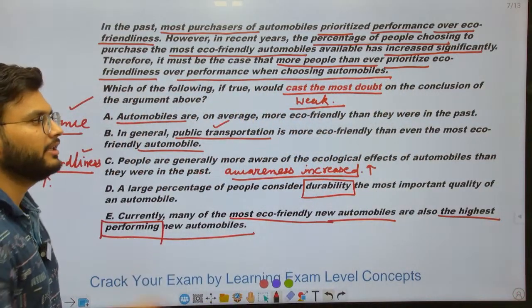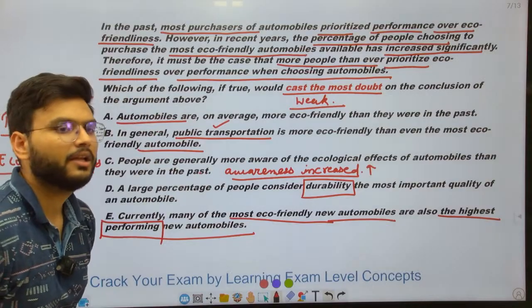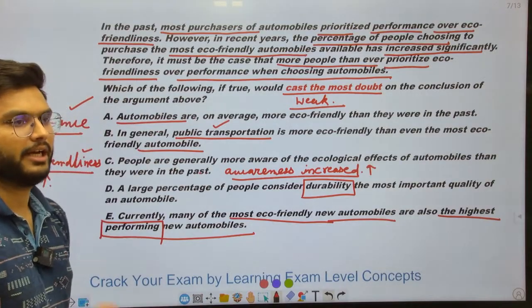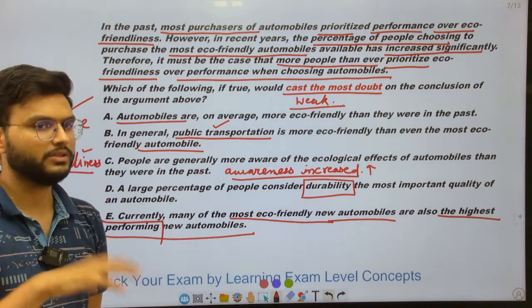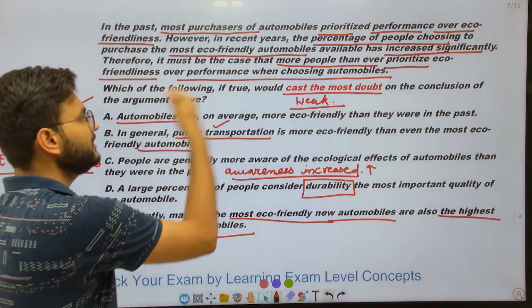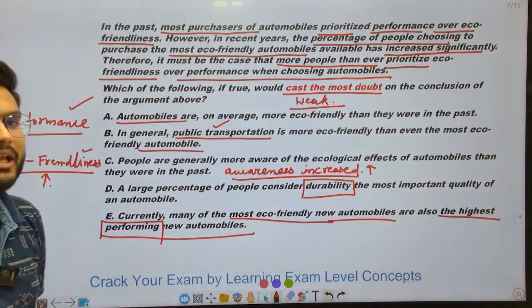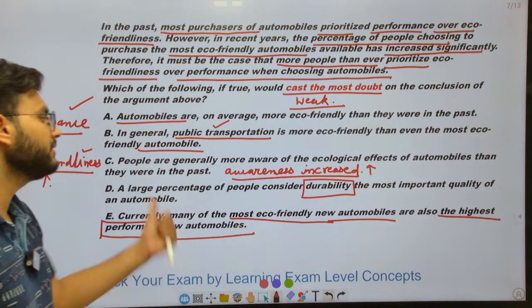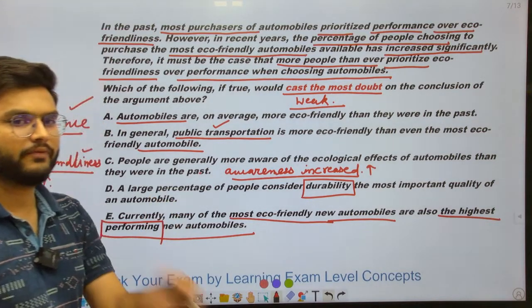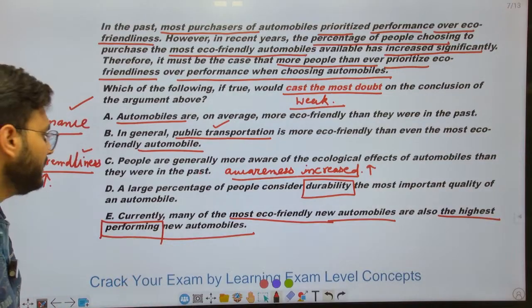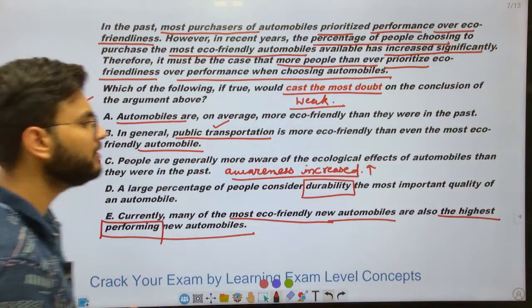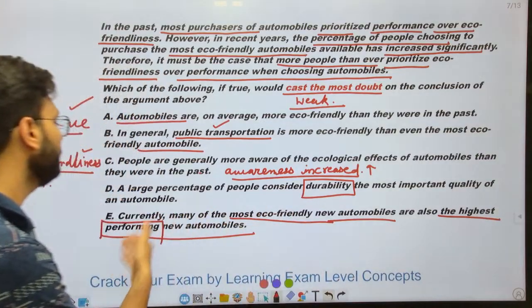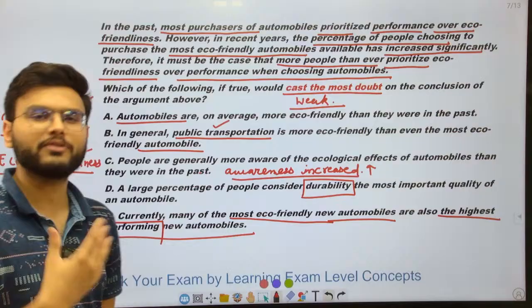It gives me a reason to counter the author's claim that the factor of eco-friendliness was the reason we have seen the shift in change. But in reality, it doesn't work that way. There was a different factor. Currently most of the eco-friendly automobiles are also the highest performing vehicles.